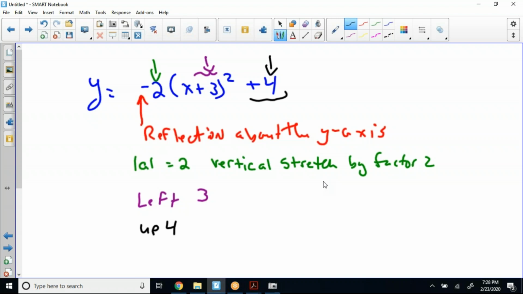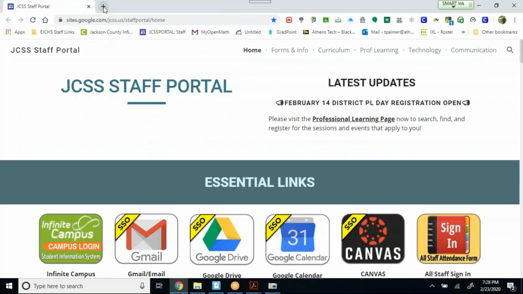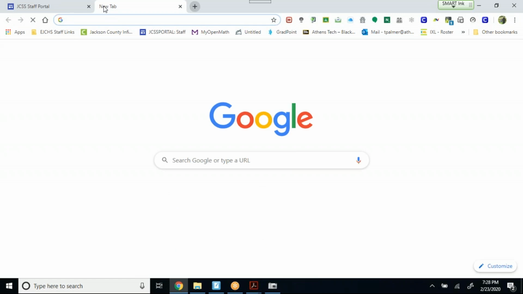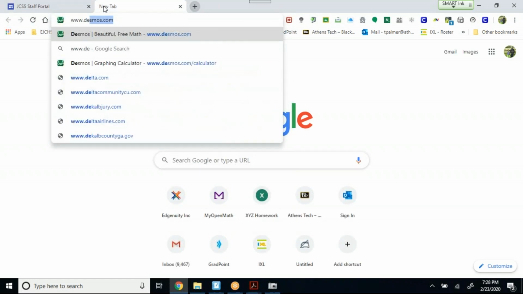And really, if I were you, I would look at taking something like this and doing it just to practice my transformations.